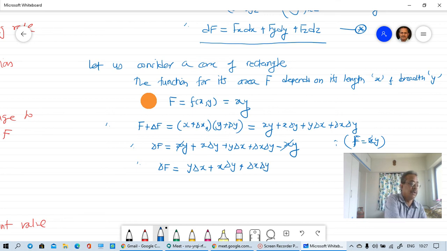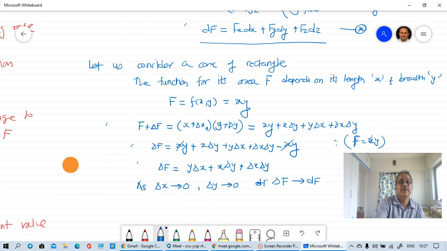Remember, as our limiting case we have taken delta x tends to 0, delta y also tends to 0, this delta f becomes df, a finite change.